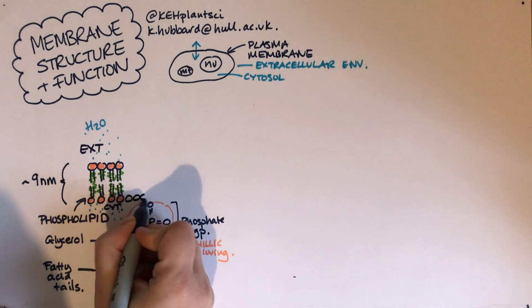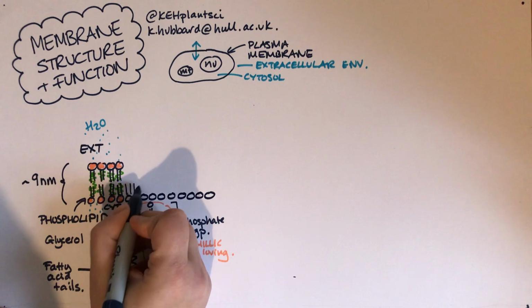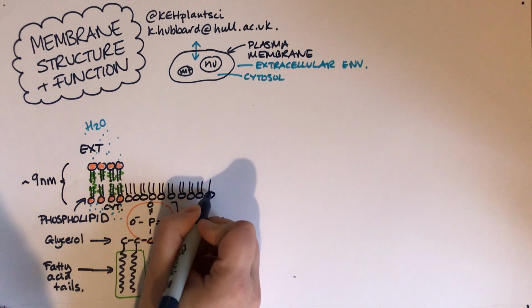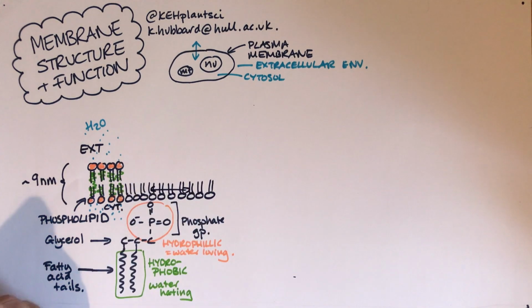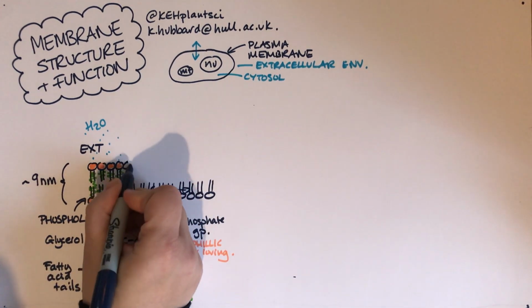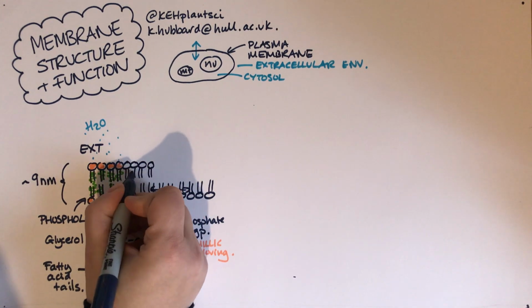So we can continue that out. Lots and lots of lipids. These lipids can all move around, so they can move in that direction, and they can also flip from one side of the membrane to the other. But it's not just lipids in there.